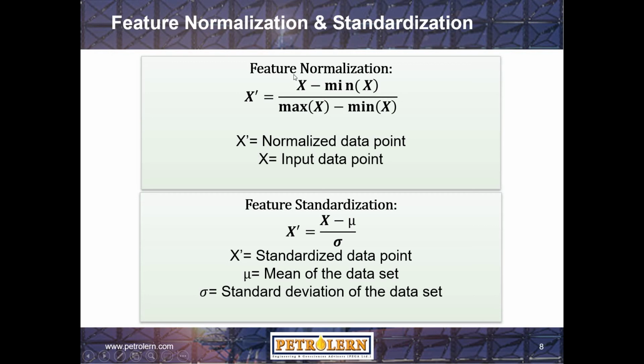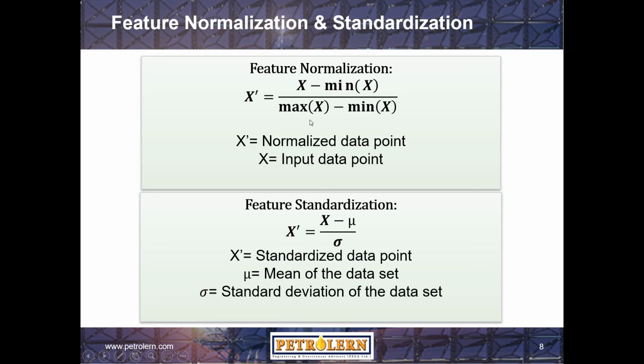So the calculation is actually very simple. For normalization, you take each variable minus the min of that variable, divided by max minus min of that variable, and that's how you normalize that feature in your data set. Feature standardization is simply you take each sample minus the mean of that feature in the data set, divided by the standard deviation of that feature.